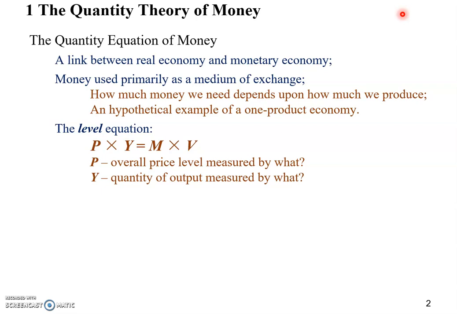But remember, we use the base year price, right? So here, price won't affect any change in real GDP. So we can, roughly speaking, take real GDP as a measure of the quantity of output, okay?